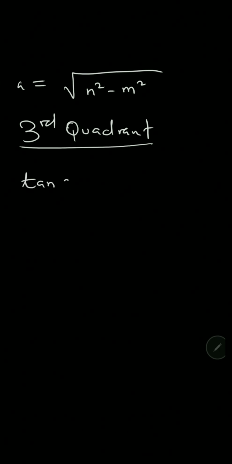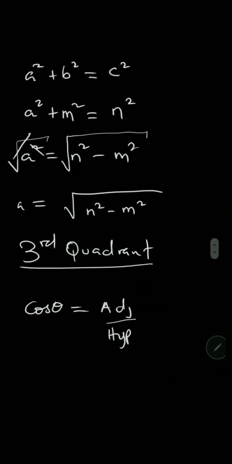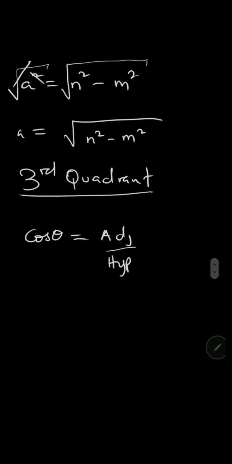Okay, so now since all the sides are given, let's consider the third quadrant. Okay, so we want to find cos and tan. So I will start with cos. So cos theta, as we know, is simply the adjacent divided by the hypotenuse. Now from our findings, we have the adjacent to be the root of n squared minus m squared.